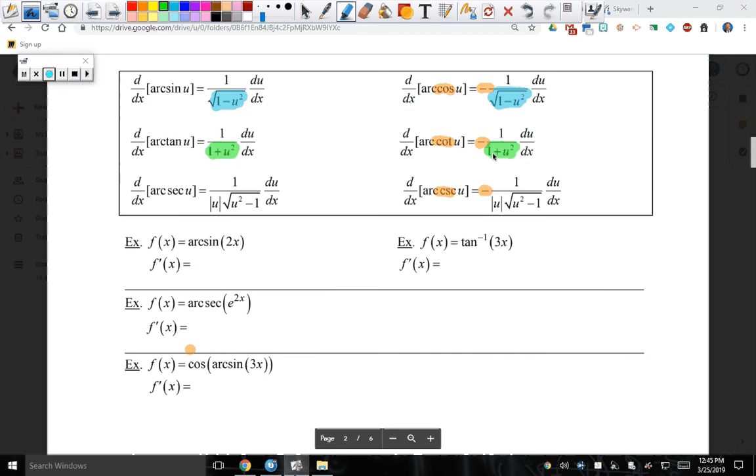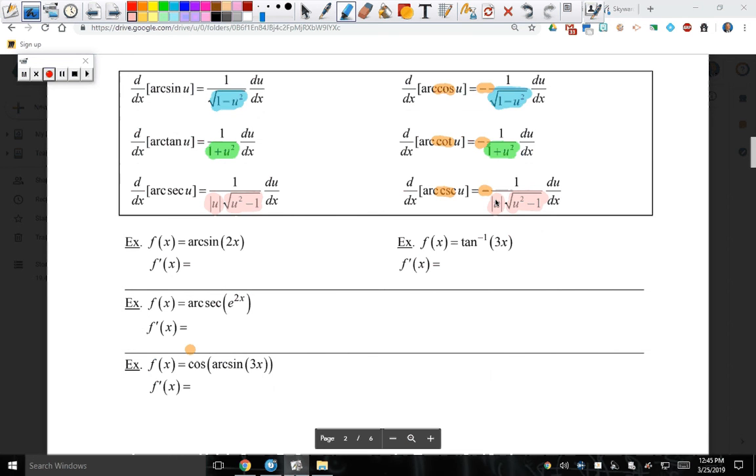Okay? And then last but not least, these secant and cosecant ones. The big difference that I want you to gravitate to first and foremost is that it's not 1 minus, it's u squared minus 1. And you also have those right there.